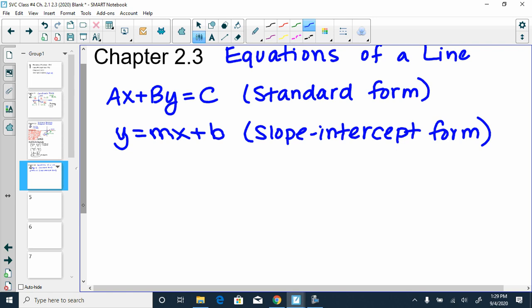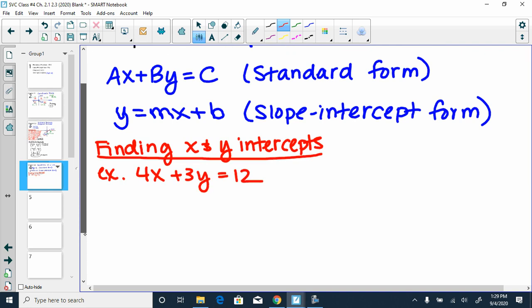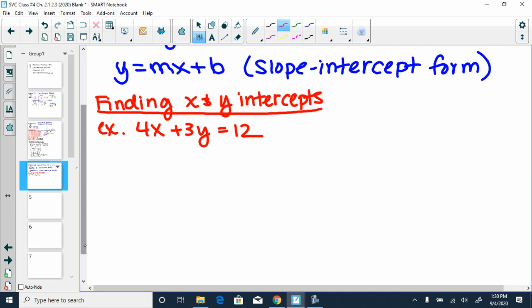If you are finding x and y intercepts, standard form is the easiest way to do that. If I ask you to find an x and y intercept, standard form is probably the easiest way to go. We'll talk about how to find them in a second.